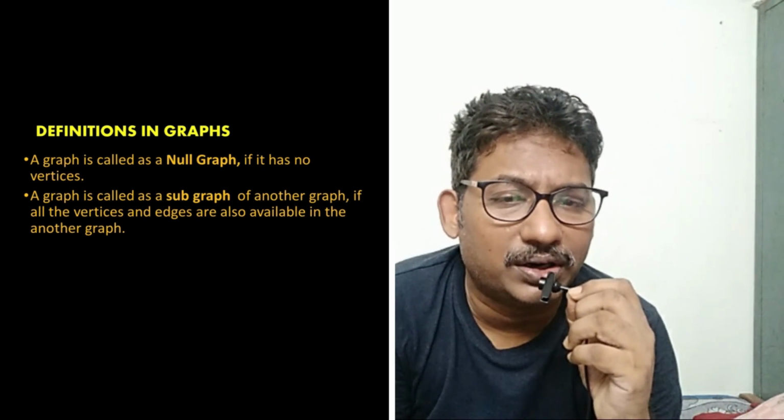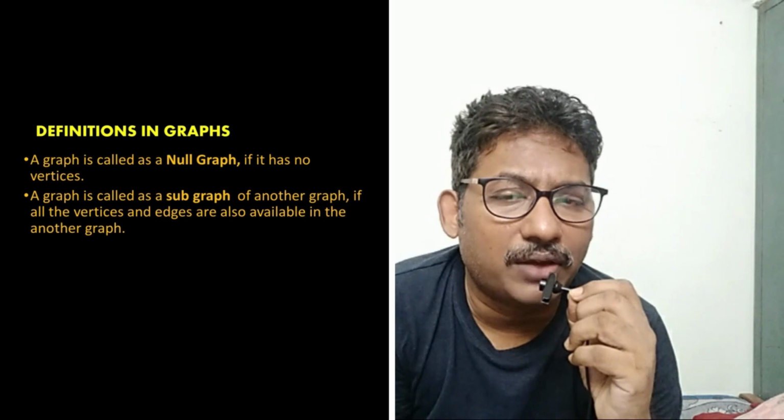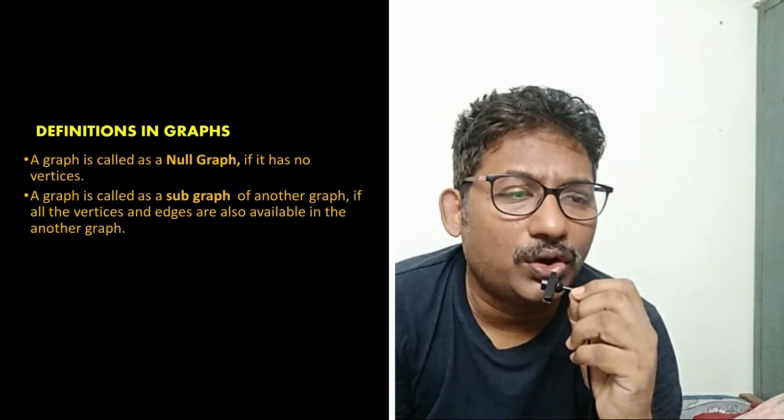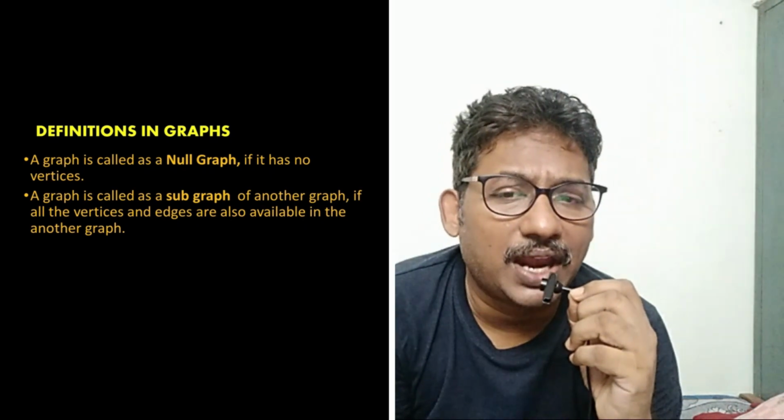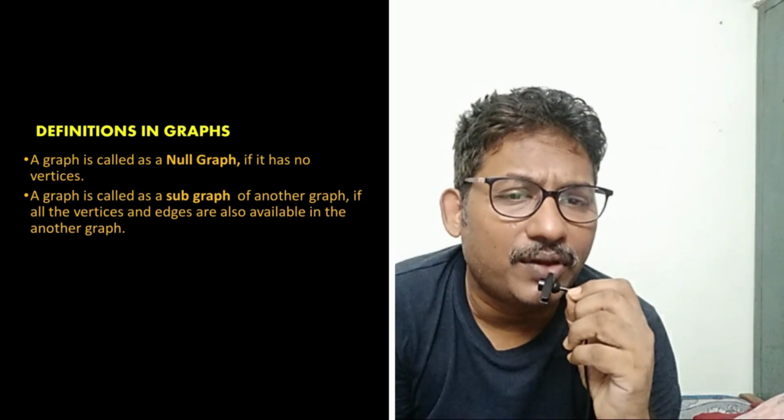Then comes the null graph. A graph without any vertices is called a null graph, and a graph is said to be a subgraph of another graph if all its vertices and edges are available in the other graph. It is called the subgraph.